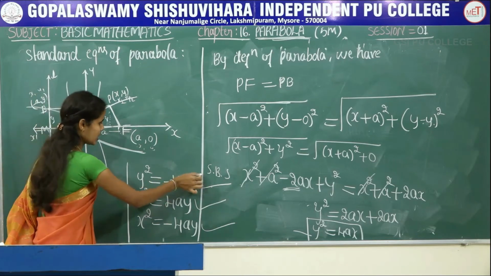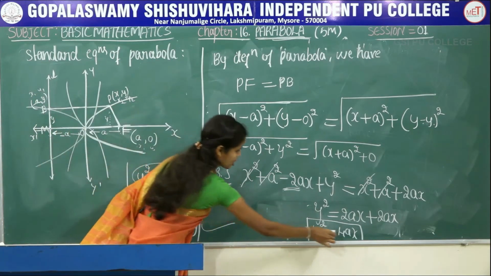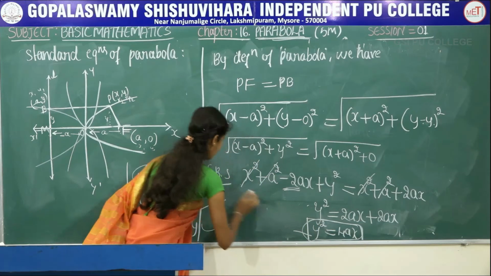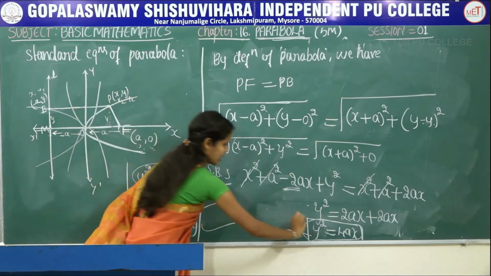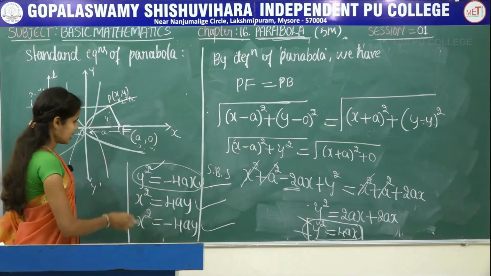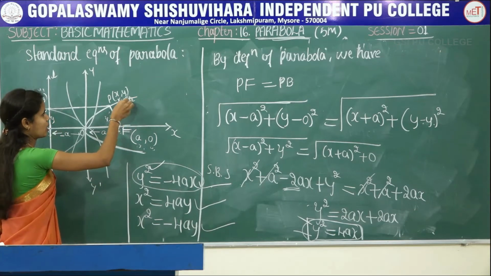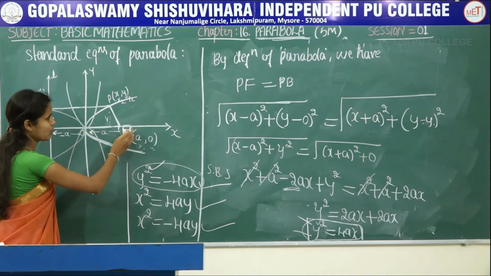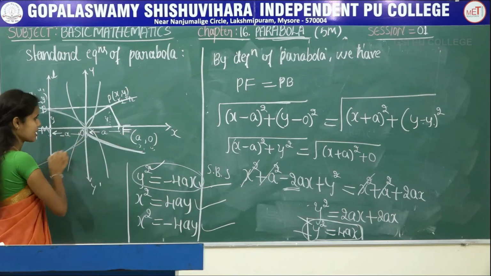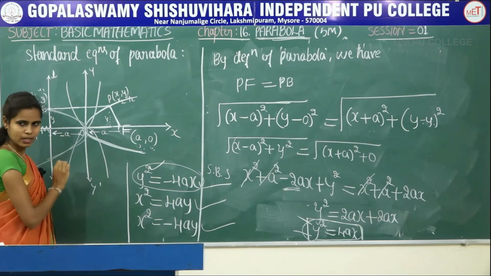Conversely, if the equation of the parabola has a y square term, then the parabola is symmetric with respect to the x-axis, either the positive x-axis or the negative x-axis.